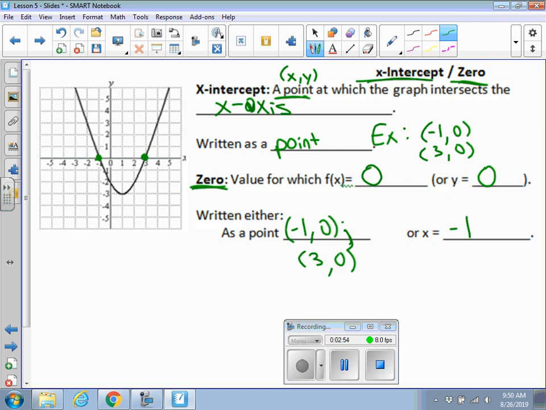So x equals -1 is one of our zeros, and x equals 3. Notice these are synonyms of each other, x-intercept and zeros. If I ask for either, x-intercept is a point, just like y-intercept, but for zeros, you can give it to me as x equals a number.